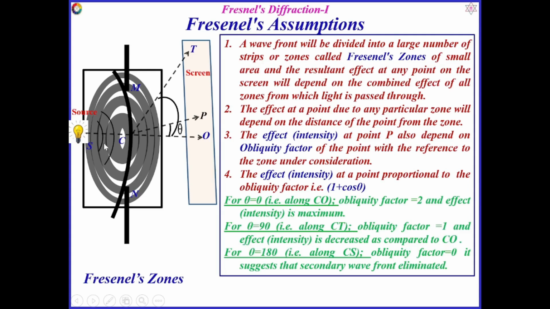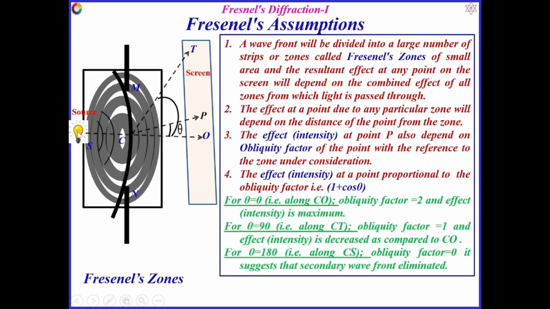If it is 1, then it represents that the intensity is decreased. You just imagine the light travels through this first half period zone. So the intensity will be maximum at O, obviously, along the straight line path. If we try to find the intensity at a point T through this hole, then it will be decreased, obviously.